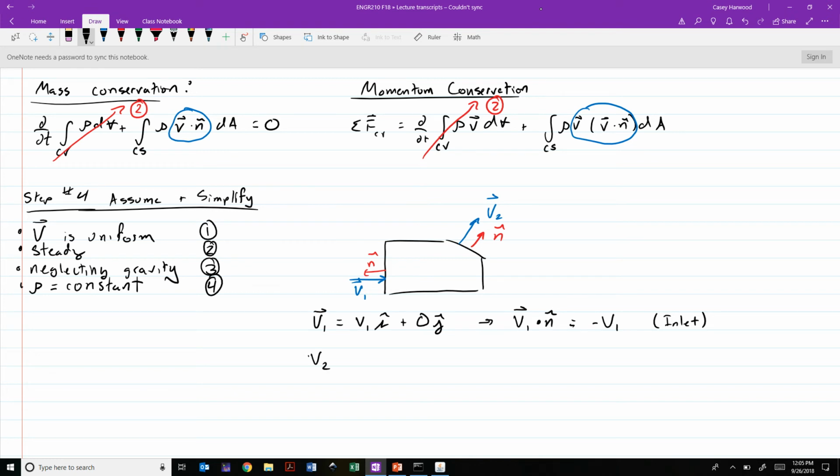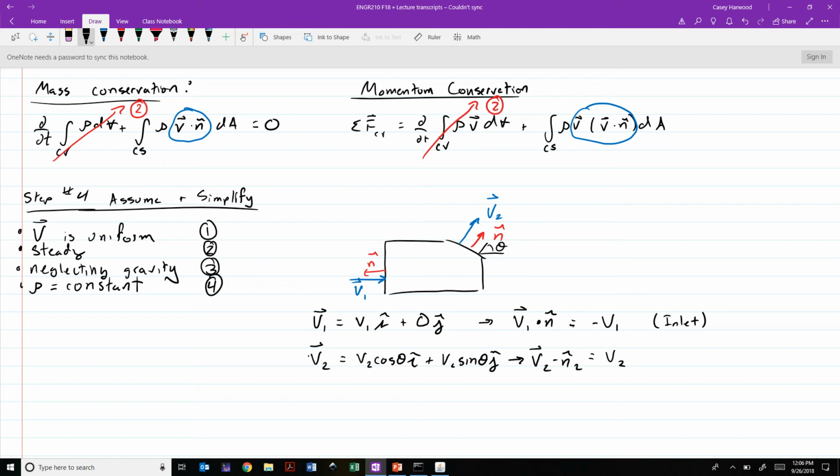Looking at the outlet, well, what we assume to be the outlet, V2 is equal to, I should have drawn on here, this is at an angle of theta, okay? V2 is equal to V2 cosine theta in the i direction plus V2 sine theta in the j direction. V2 dot n2 is equal to just V2, the magnitude of V2, because they're pointing in the same direction.